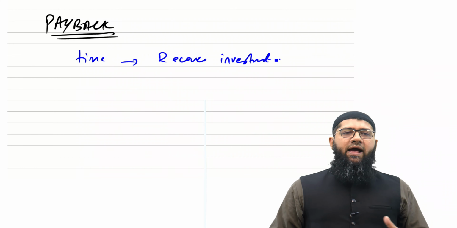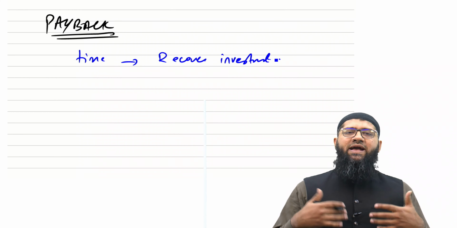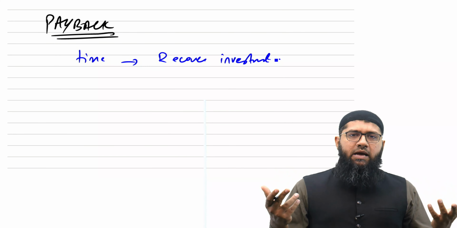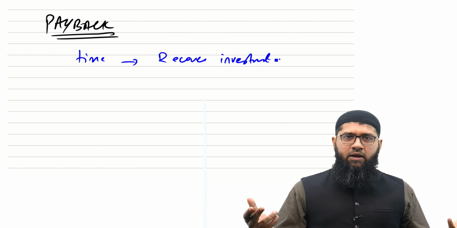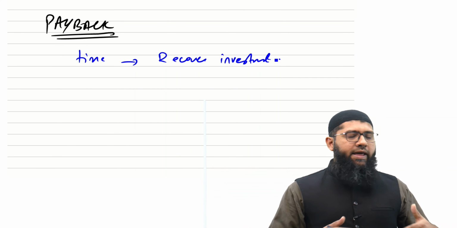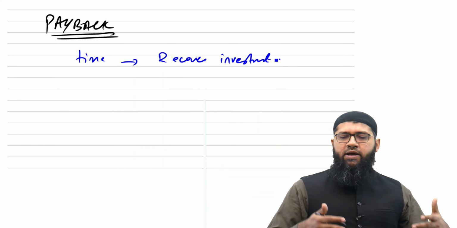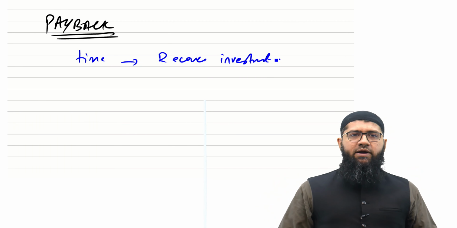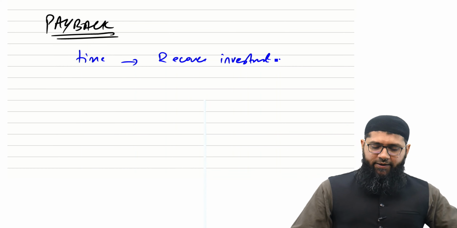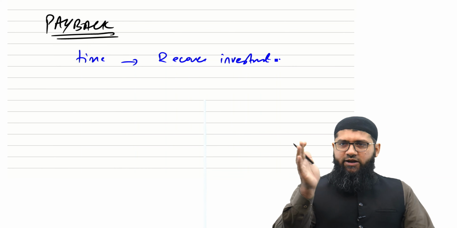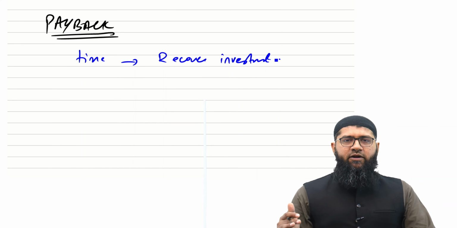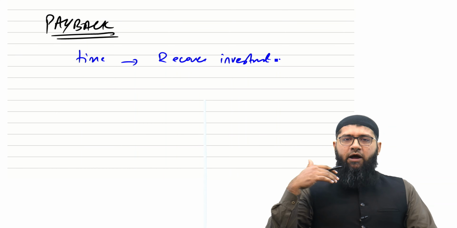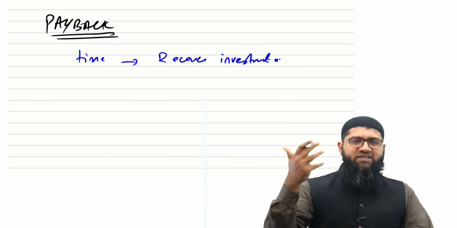So I repeat, as an entity, when you make an investment, you make it with multiple objectives and targets. Like I want my investment to be recovered in 3 years, in 5 years, in 4 years. That's how you set out the target. If you have a target to recover the investment in a certain period of time, and that target is being met, then you invest in that project.